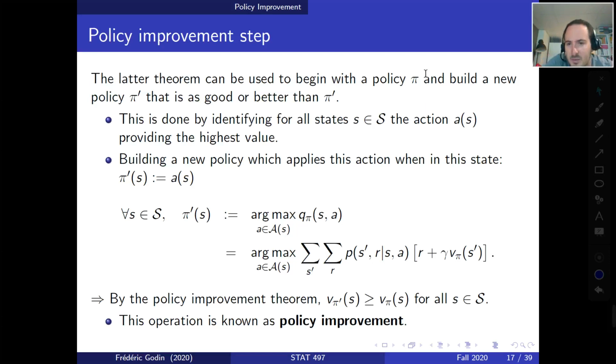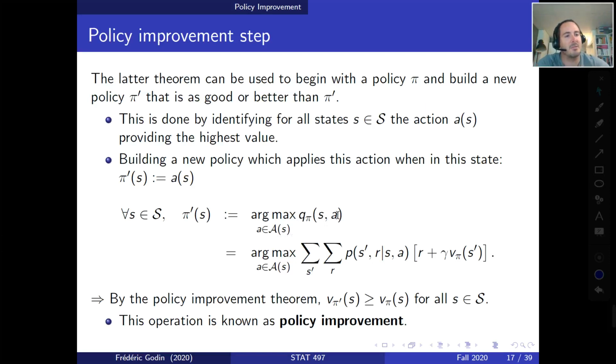And once we have this approximation, then for all states S, we can determine what the action is. Let's forget about this term here, but we can check q pi S A for all values of A, and check the value of A across possible actions in that state S which maximizes the value of the action.